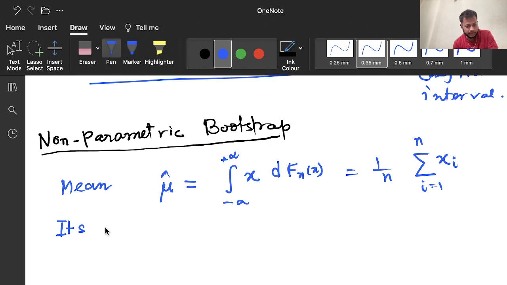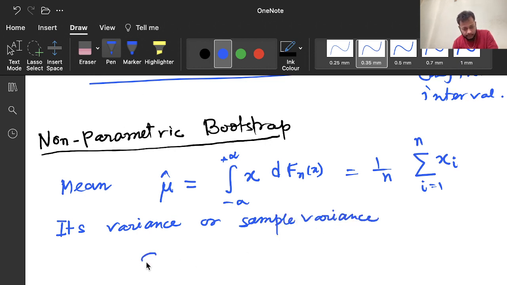And its variance, or sample variance, sigma square equals integral from minus infinity to plus infinity of x square dFn(x).